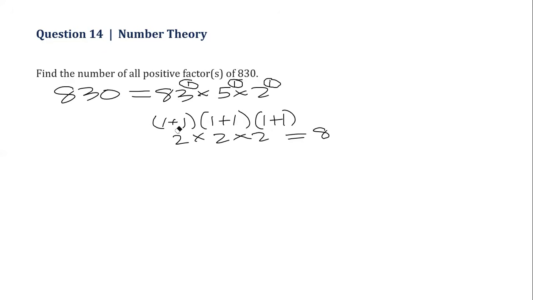So here, 1 plus 1, 1 plus 1, 1 plus 1, you're going to multiply all of that, and you get 8. Is that clear? Yeah, I understand. Thanks, Miss.